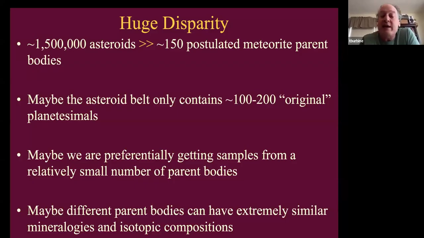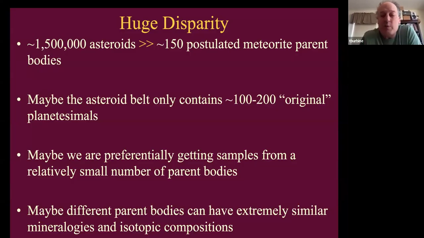And as I said before, a huge disparity: about 1.5 million known asteroids, only about maybe 150 postulated parent bodies. Maybe the asteroid belt only contained a few hundred original bodies, what we call planetesimals. These were broken down. Almost all the asteroids are fragments of bigger bodies.